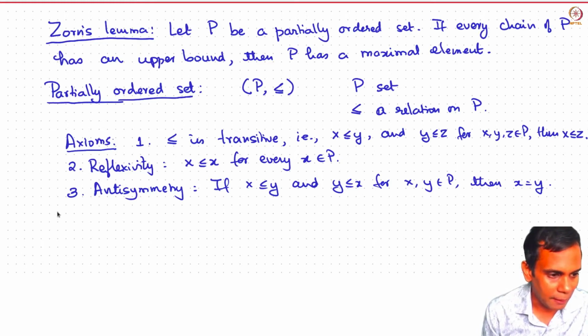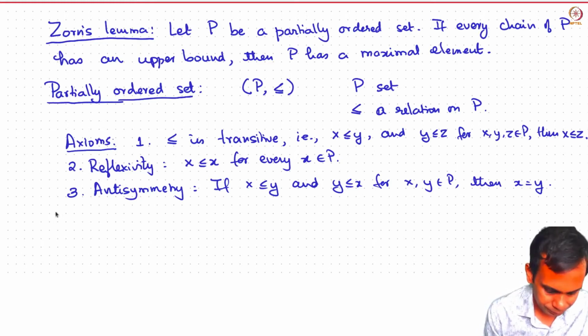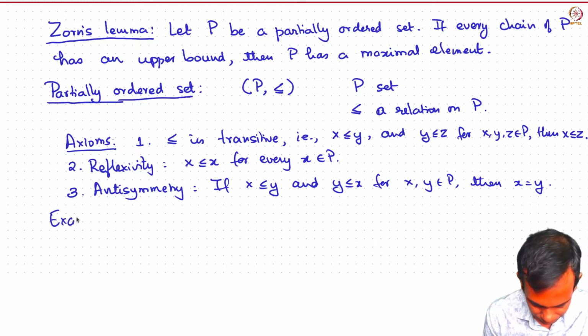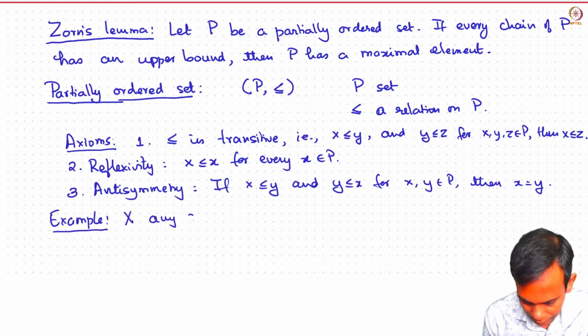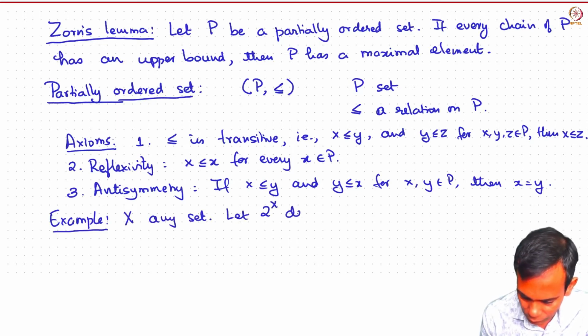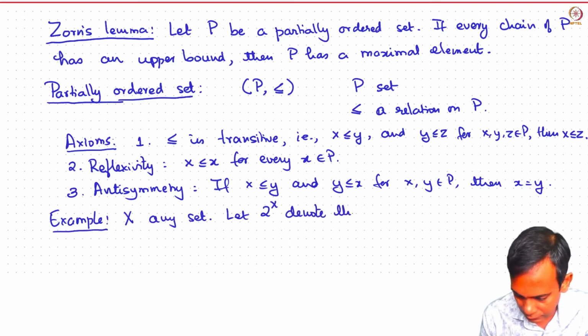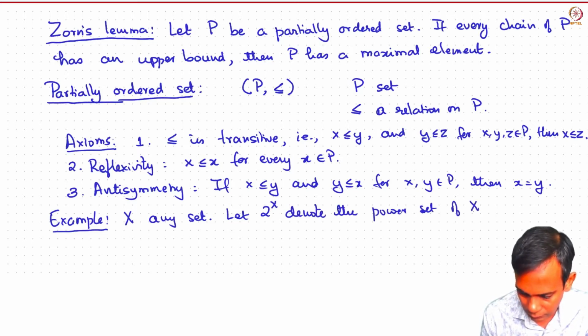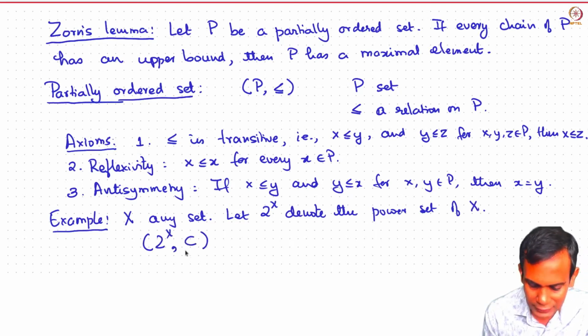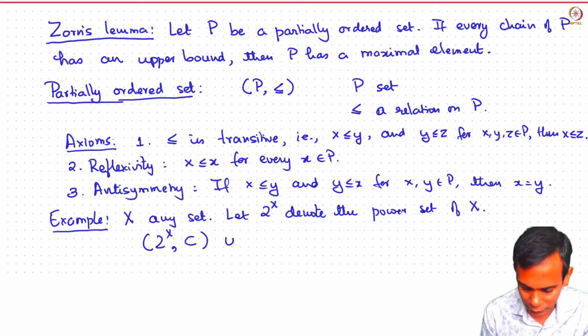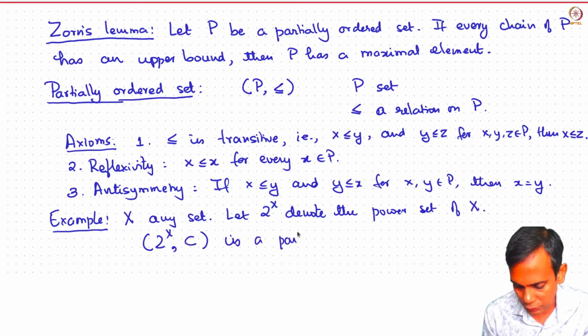So let's look at an example. Let X be any set, and let 2 to the power X denote the power set of X. Then 2 to the power X, together with the relation of set containment, is a partial order.